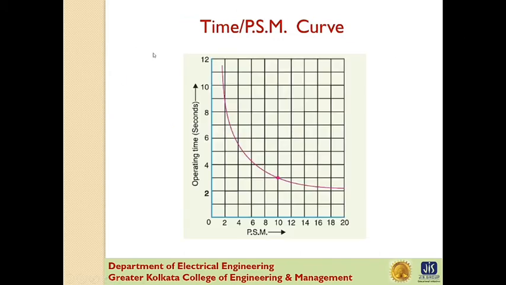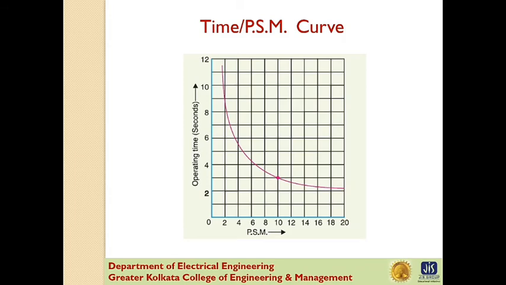Next is the time versus PSM curve. This figure shows the curve between time of operation and plug setting multiplier, and represents the number of times the relay current is in excess of the current setting. The vertical scale is marked in terms of time required for the relay operation.